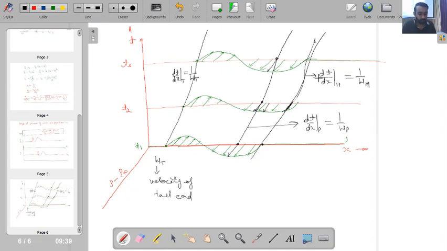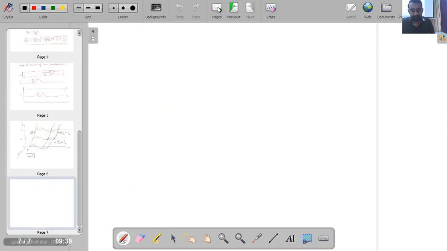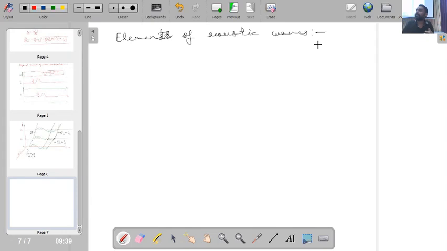To do so, first we will discuss some elements of acoustic waves, because the overall behavior of our waves will be identical to that of acoustic waves.